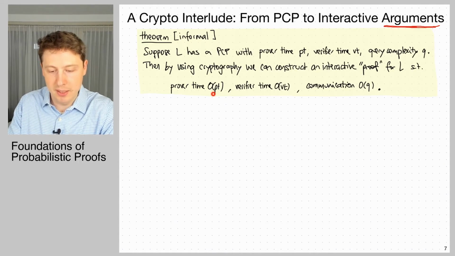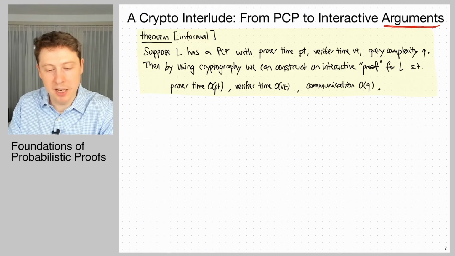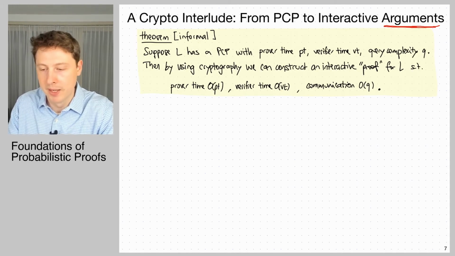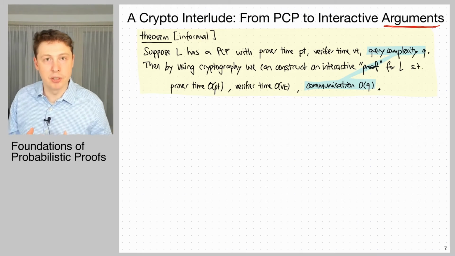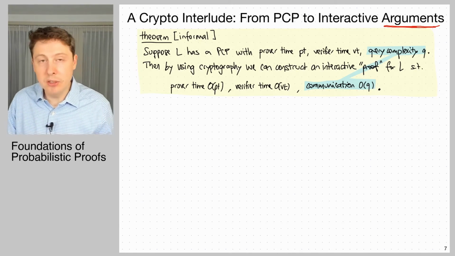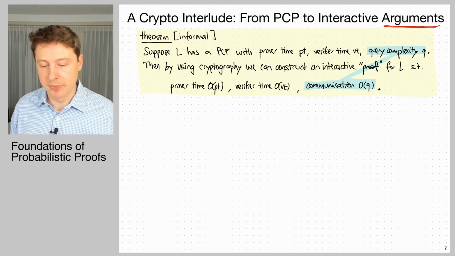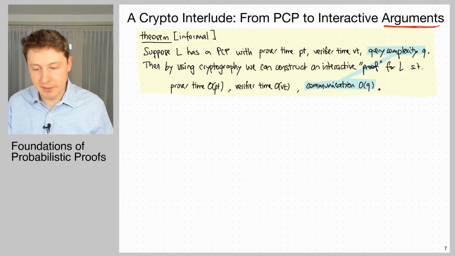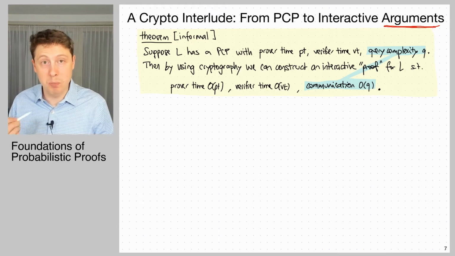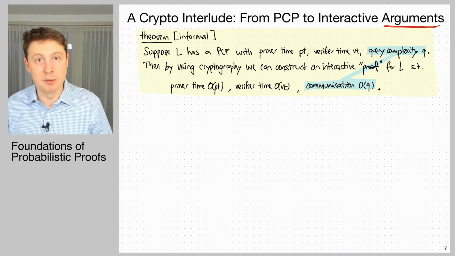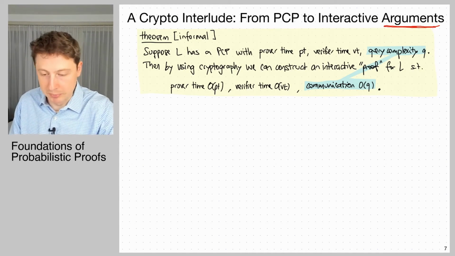So if we had a good PCP prover time and a good verifier time for the PCP, then we just don't mess them up. And the query complexity becomes communication. So if I want small communication, all I really need is small query complexity. Small-communication interactive proofs are something we know are weak, because we proved lower bounds against them a few lectures ago.